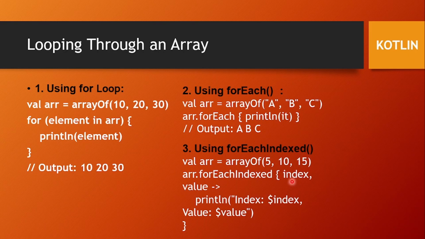You can see the first variable is index that I have declared in here, and the second is value, and each and every time I will print, traversing my array as long as there are elements inside of it, and it will print them one by one with their index by using the forEachIndexed function.